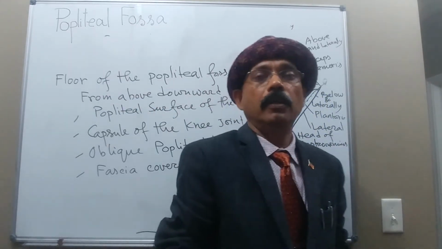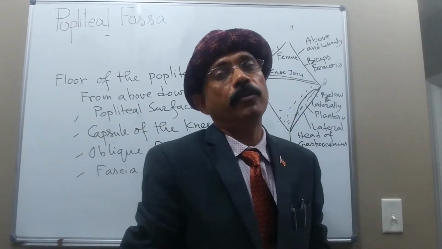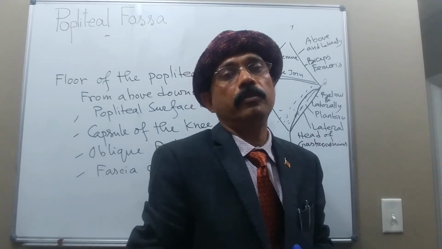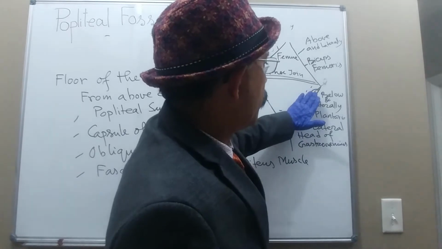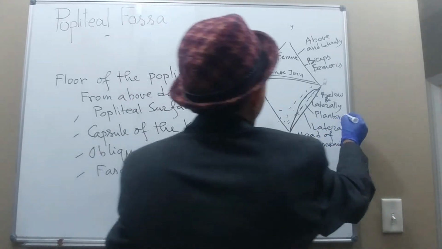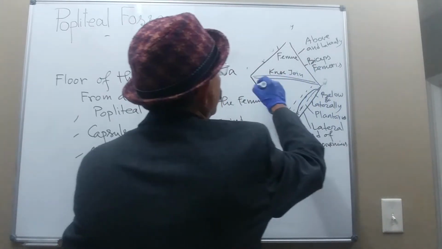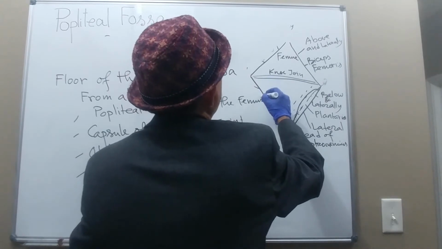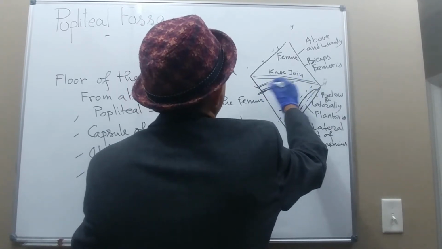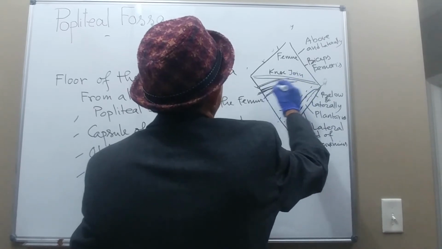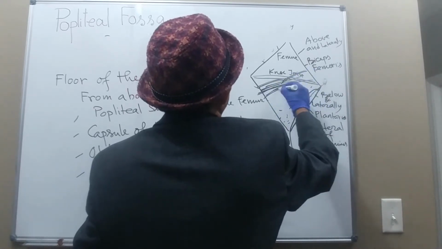That fascia comes out from the membranous insertion of the semimembranosus and covers the plantaris muscle. And we get the oblique popliteal ligament here.